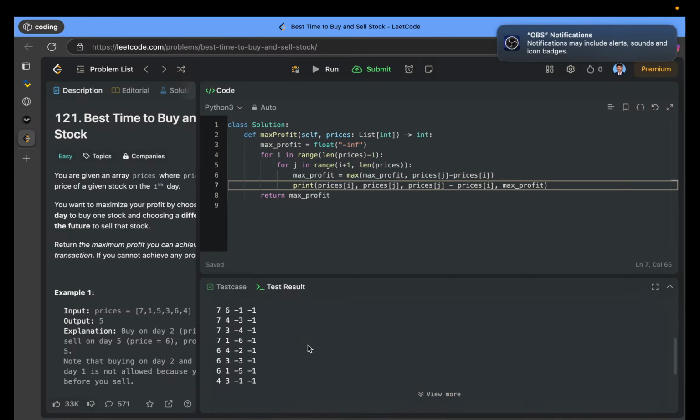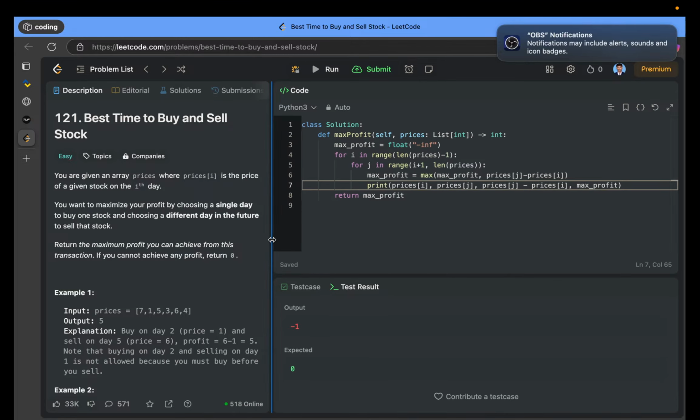Again an error. Okay, let's see. Now case 2. Output is minus 1 and expected is 0. You want to maximize your profit by choosing a single day to buy one stock, and choosing a different day in the future to sell that stock.